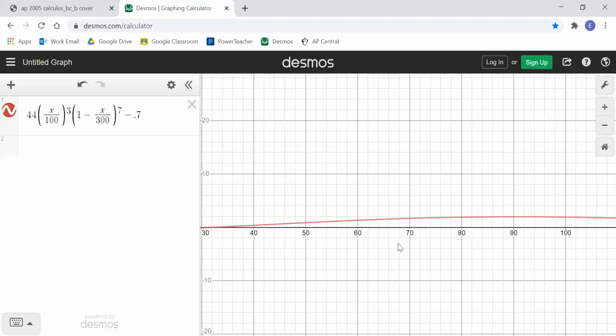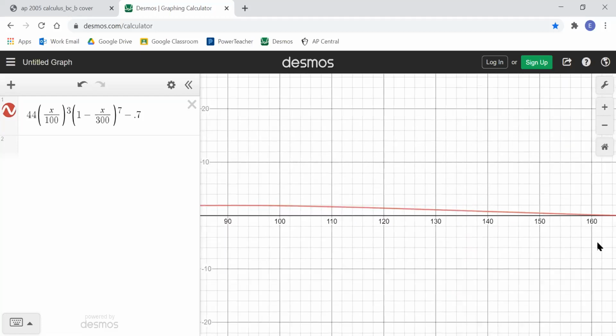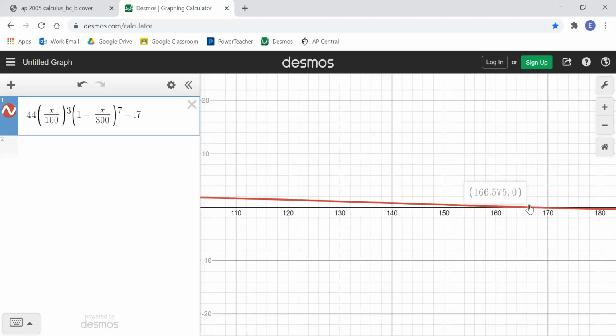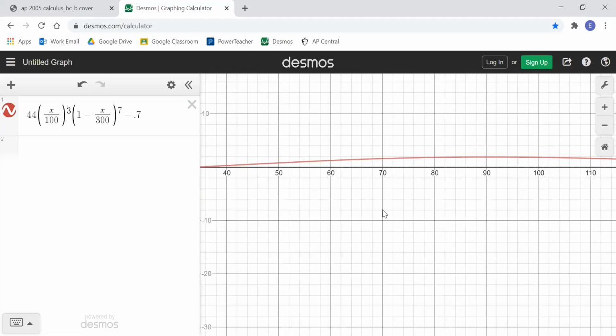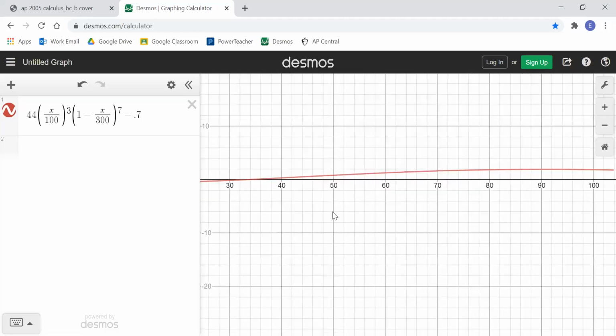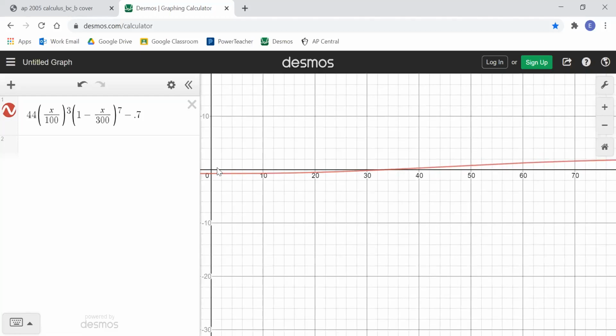You probably just need to change your window settings. So then we cross through again at 166.575. If it looks like a horizontal line, but you know that the window range needs to be from 0 to 300 because that's where you're looking, set your X value range to 0 to 300, and that should help.